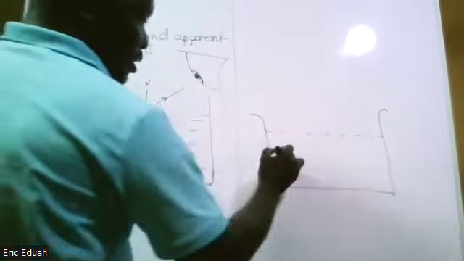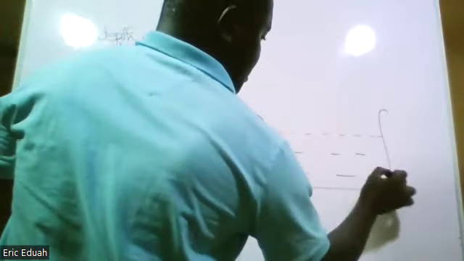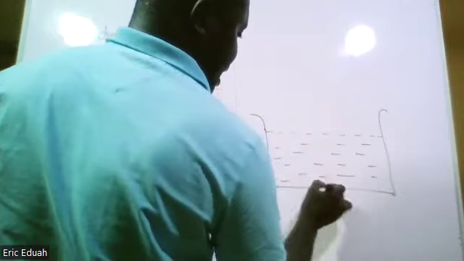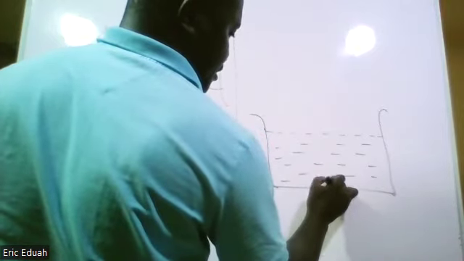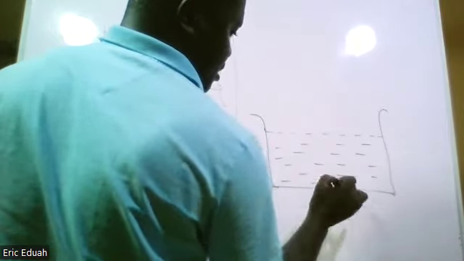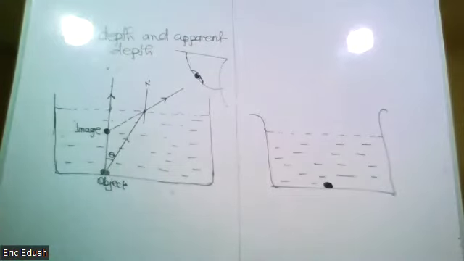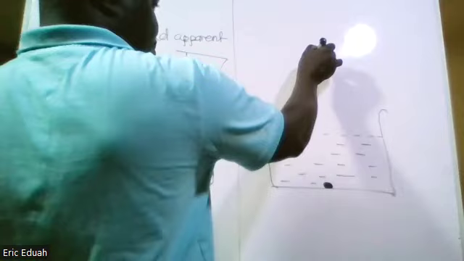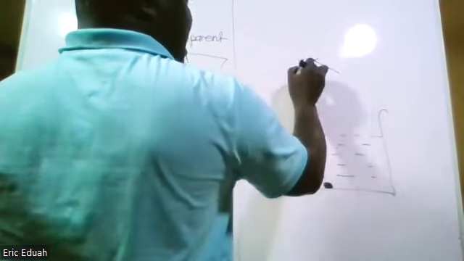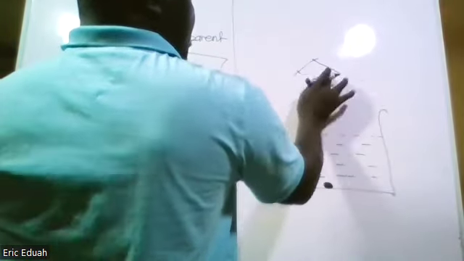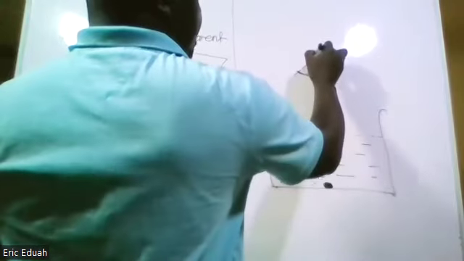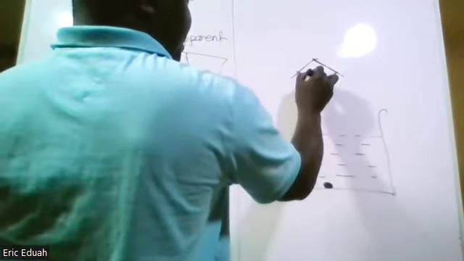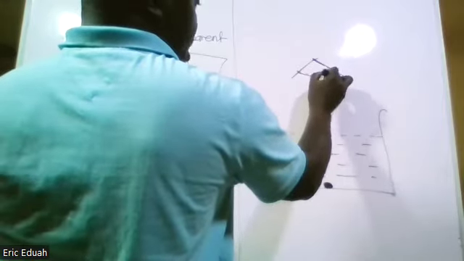This is a basin of water. An object is here. Now, this time the observer is looking at the object directly downwards from directly above the basin or cup.